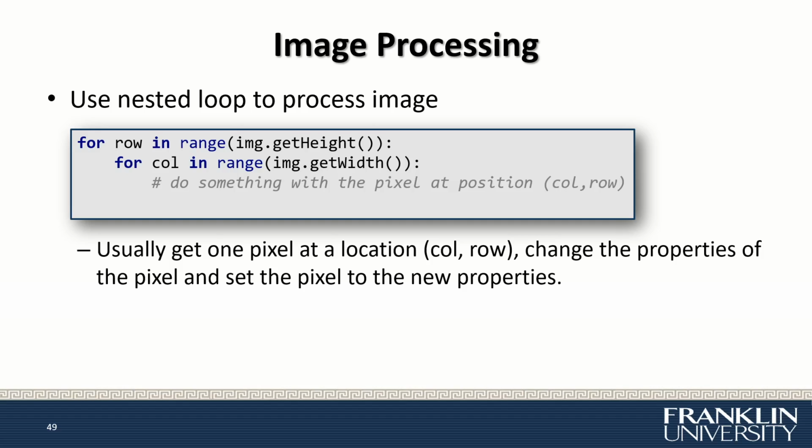For every row in the image, and then we process every column in that row. And usually we get one image at that location and change the property of that pixel and then set the pixel to the new properties.